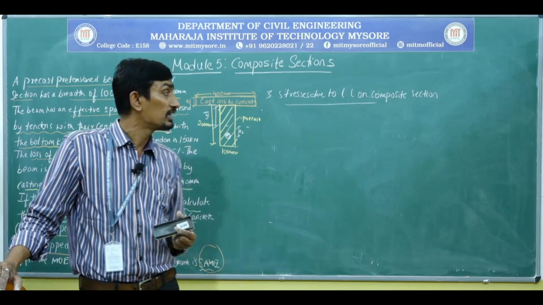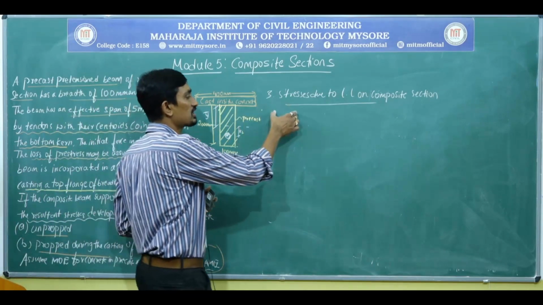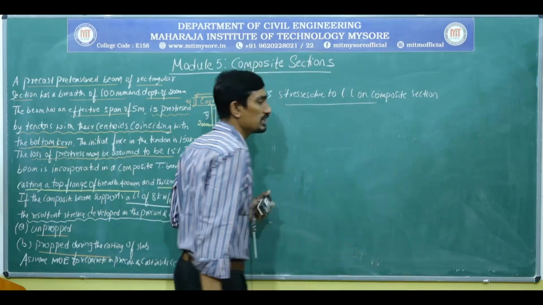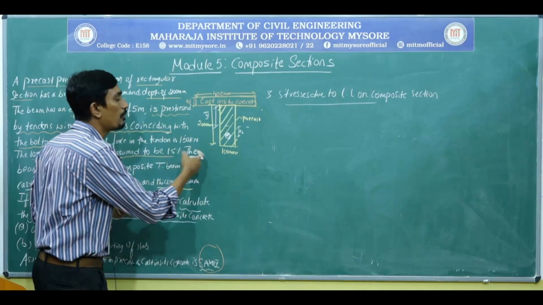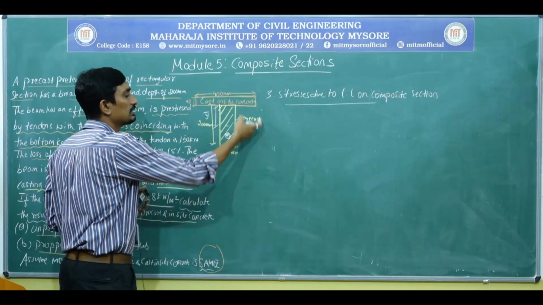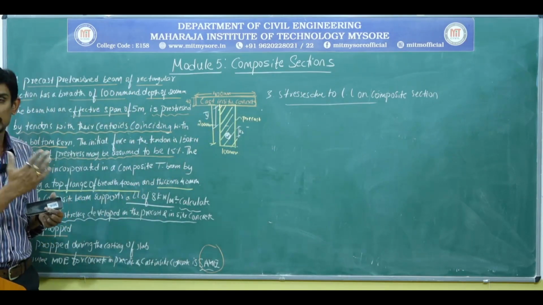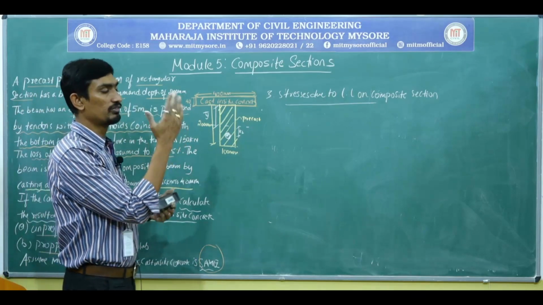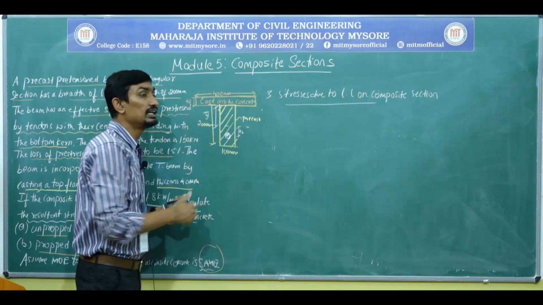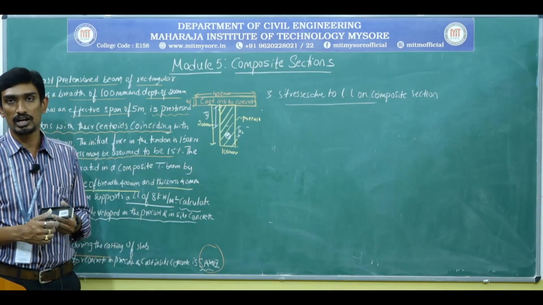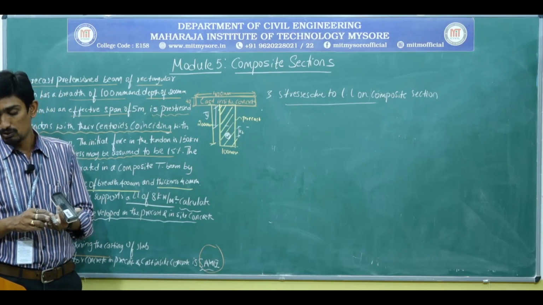No. I have clearly written stresses due to live load on the composite section. That means now I need to consider the dimensions of this. So what will be the A, what will be the I, what will be the Z for this T section? Did you get my point? So now, let me go ahead.